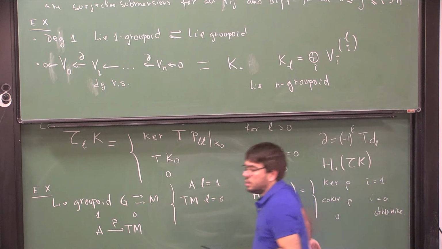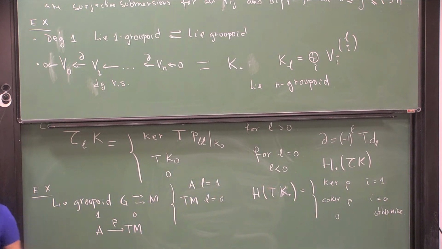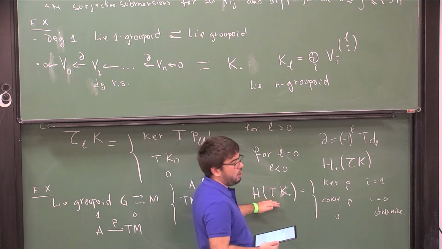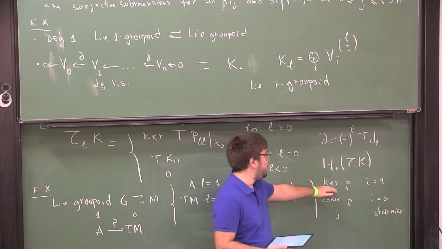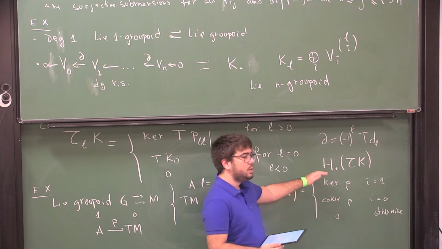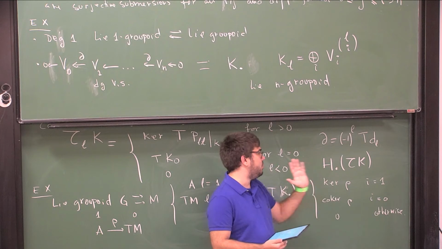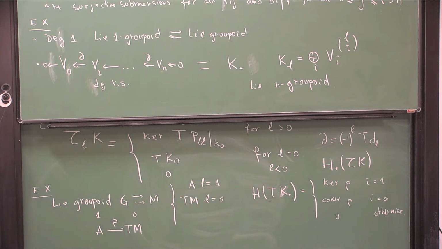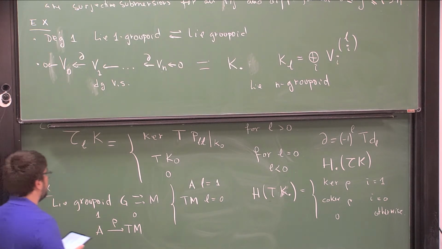So as you can see, the homologies do not form a vector bundle over K0 because these things do not have constant rank. So these are just a collection of vector spaces over K0, and at each point the rank can change. Okay, so once I have this thing, I can talk about differential forms that we already know.